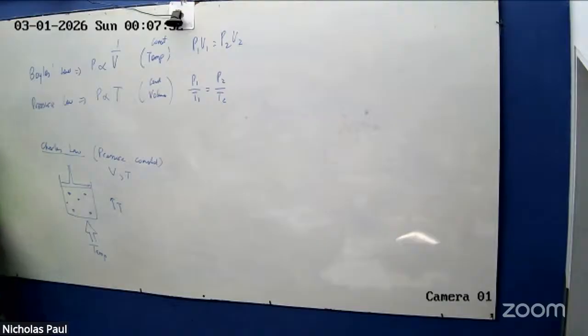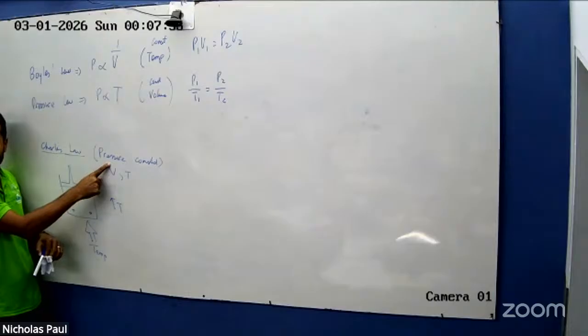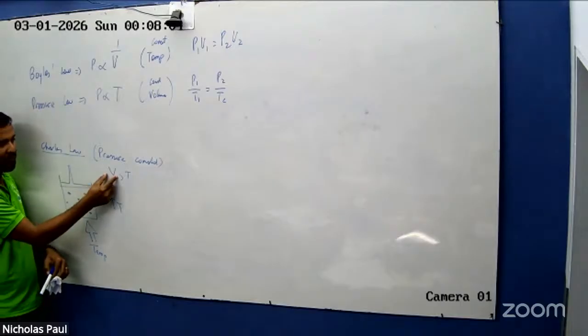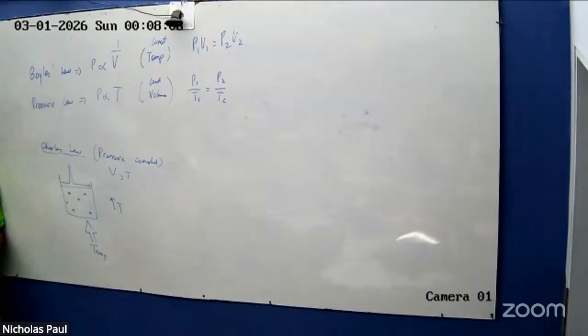Think about it first before I answer. Listen again. Pressure must stay constant. I can't change it. Right? And I increase temperature. What do I have to do to keep pressure constant? Decrease the volume or increase?